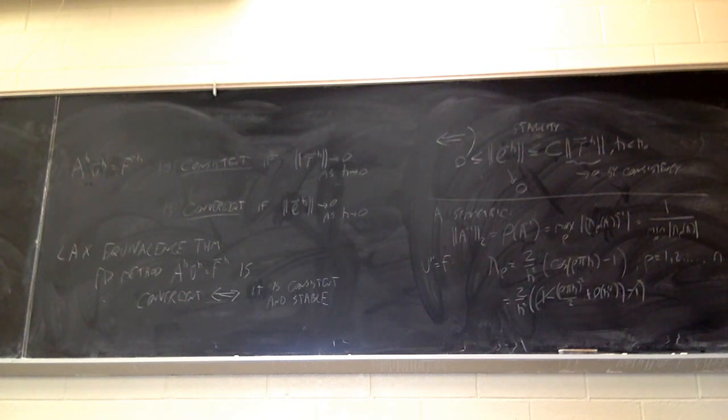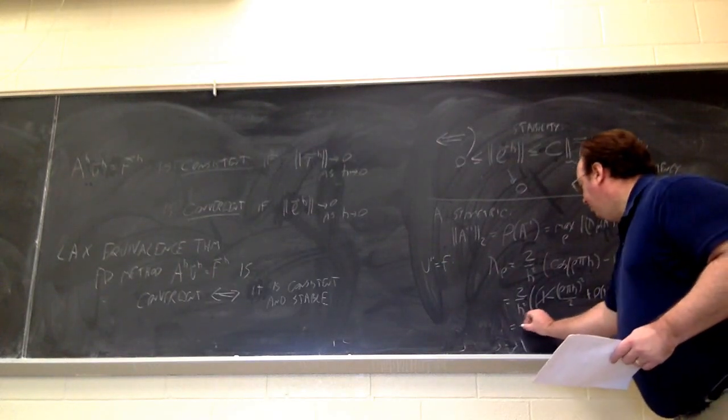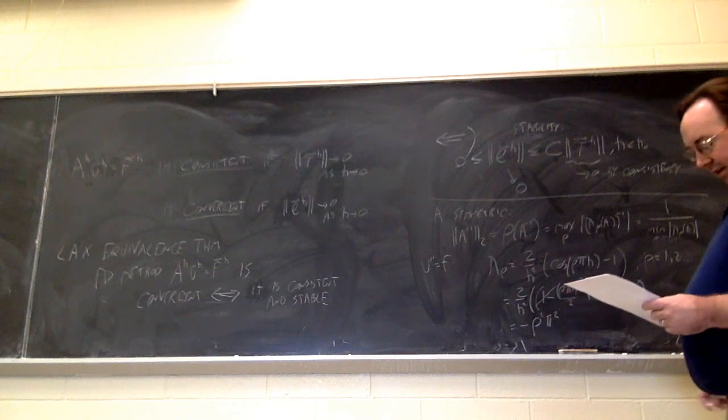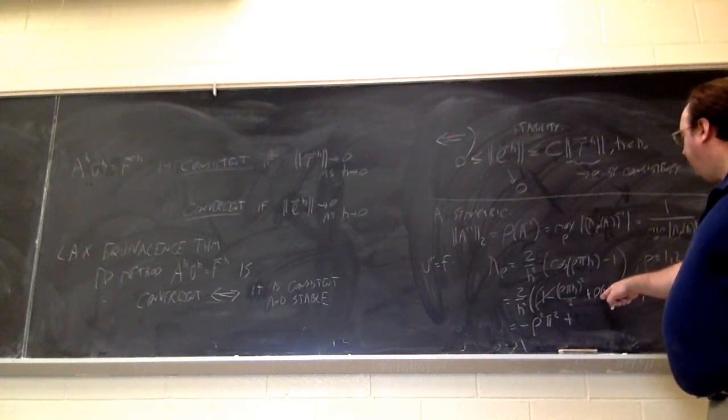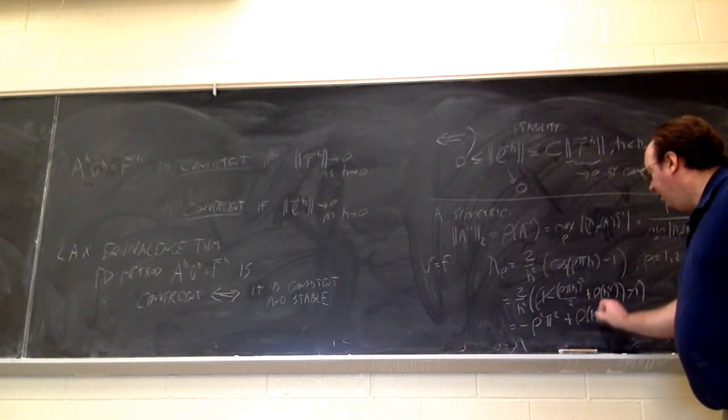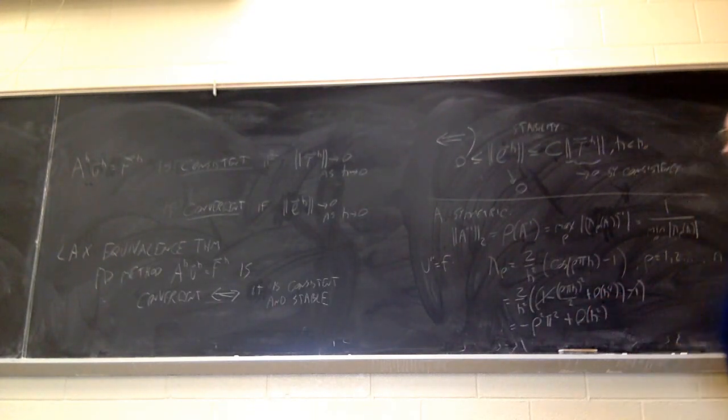Now notice in the leading term, the h squareds are going to cancel out, and the 2s are going to cancel out. So this is going to be equal to minus p squared pi squared plus order h to the 4th divided by h squared, so order h squared.